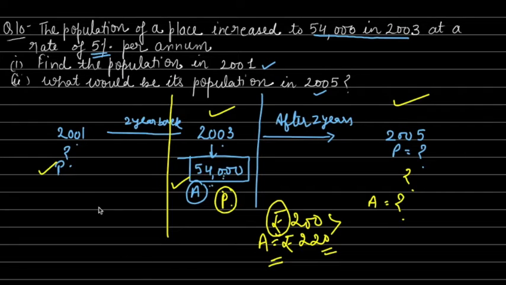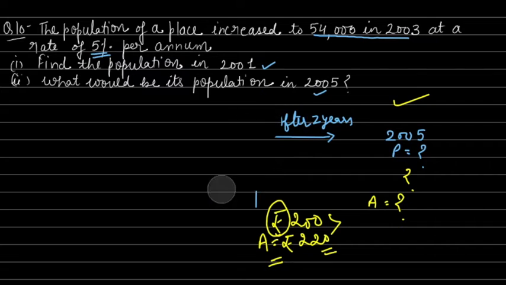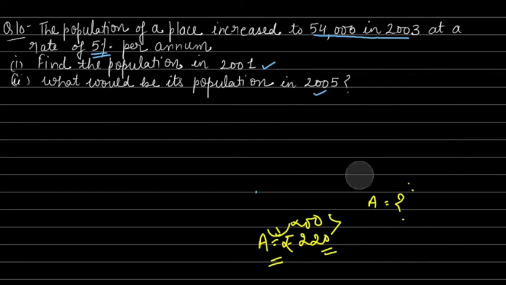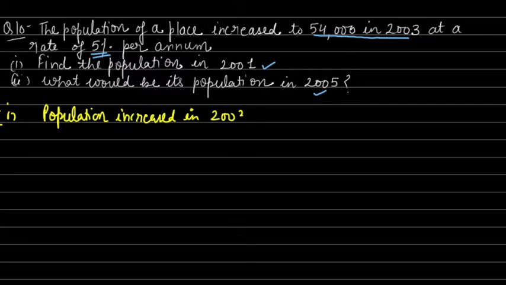So let's quickly begin with the solution of question number 10. Okay, so we will first do part 1. Part 1, the population, so we will write: population increased in 2003 is how much? 54,000.